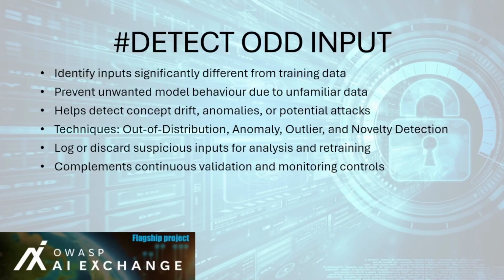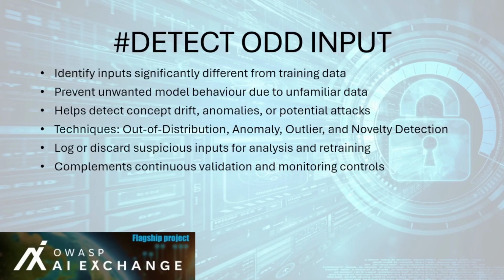Detection techniques include the following. 1. Out of distribution or OOD detection identifies when an input differs from training data. Outlier detection or OD flags data points that statistically differ from the rest. Anomaly detection or AD finds irregularities that may indicate faults or attacks.